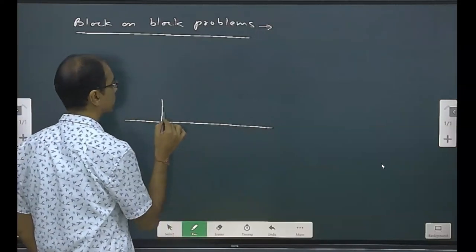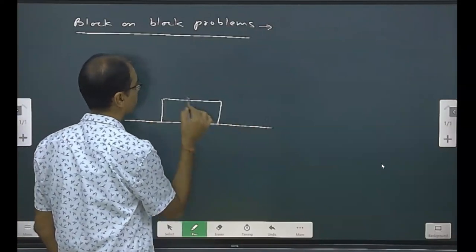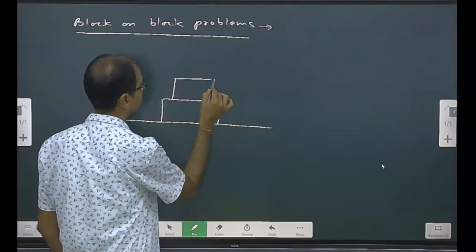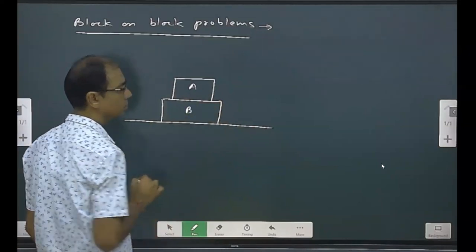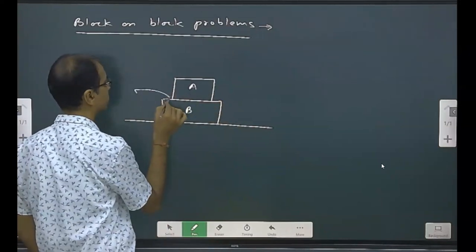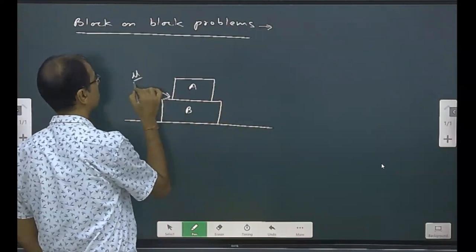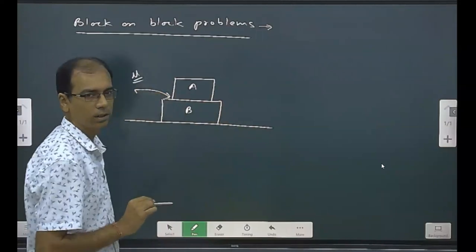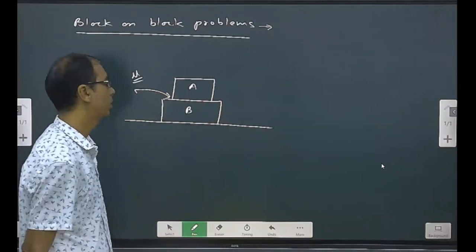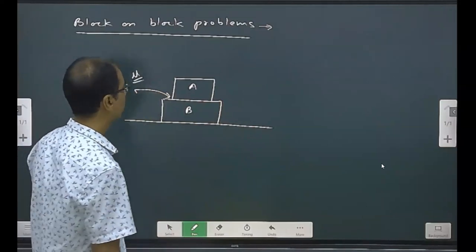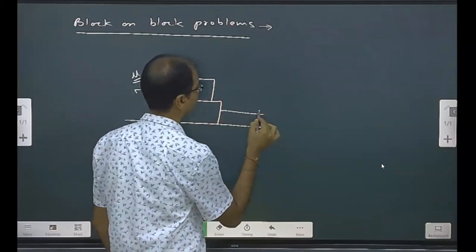Now suppose here is one block and there is another block. Let's say this is A and this is B. There is friction here. There may be friction given at the base also, there may not be given. The concept is the same. Then we have to apply the force.